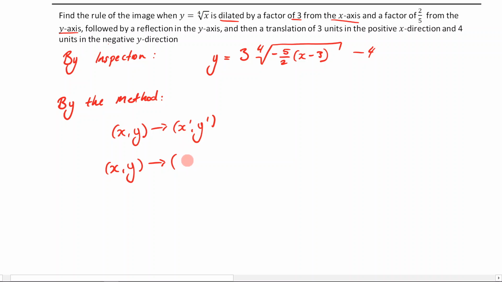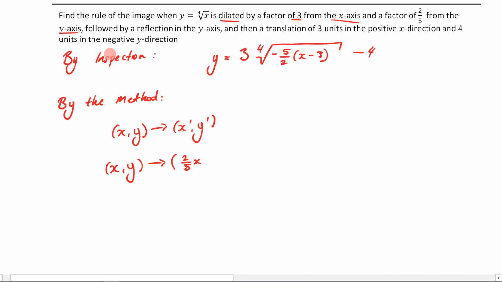x dash is going to be what? Well, I have a dilation of 2/5 from the y-axis, so that means it's going to be 2/5 x, and I also have a translation of 3 units in the positive x direction, so I plus 3 here. I also have a reflection in the y-axis, so actually I jumped the gun here. Make sure you follow the sequence the question gives you.